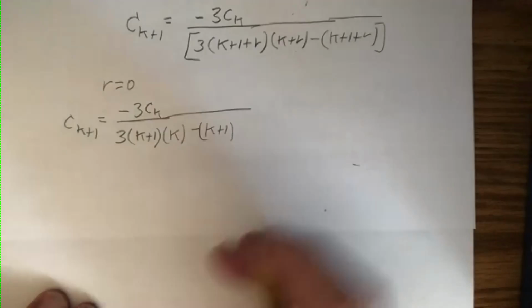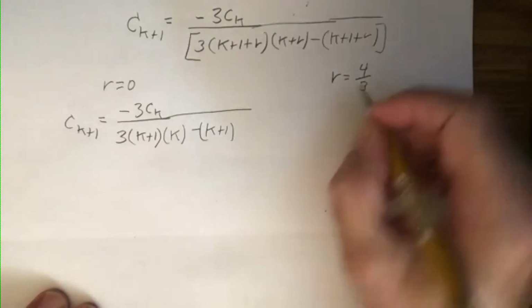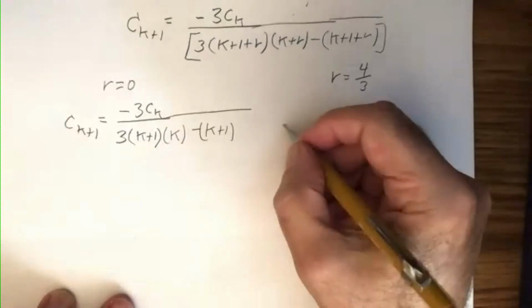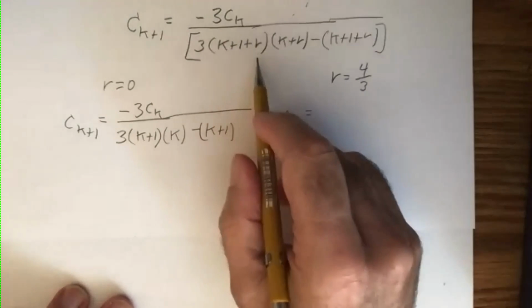Okay, now what about r equal to 4/3? This is a little bit messier. Now I'm just going to plug in 4/3 in place of r.